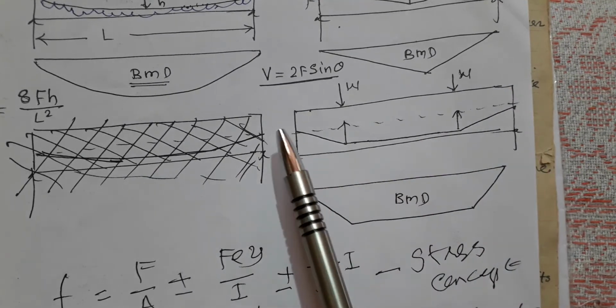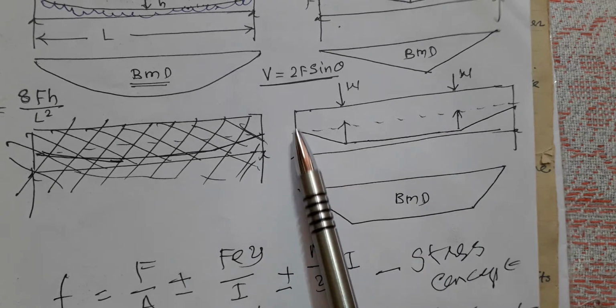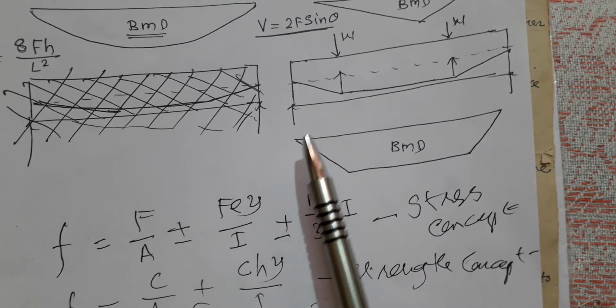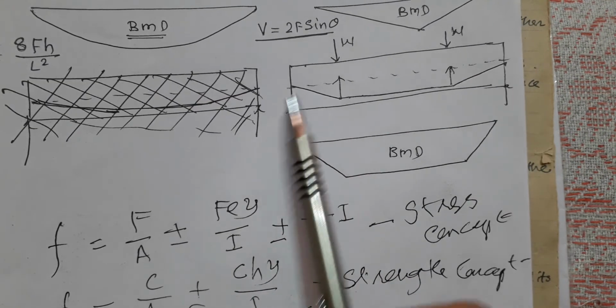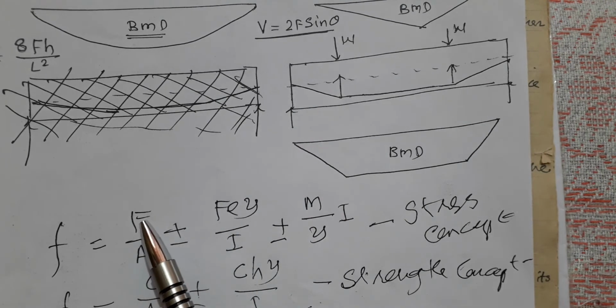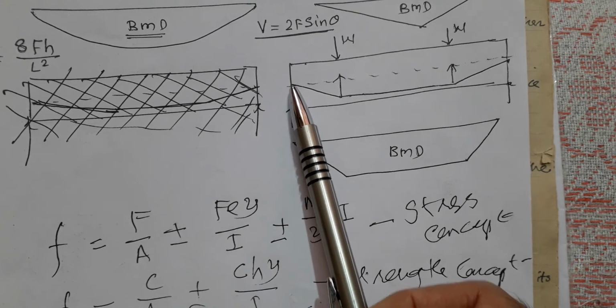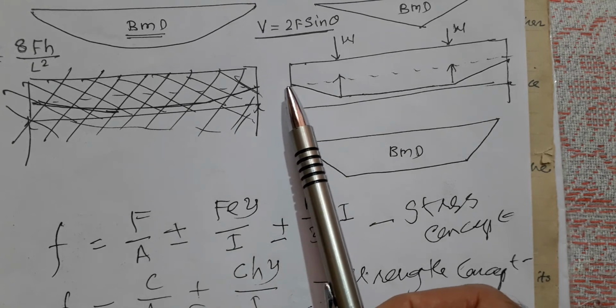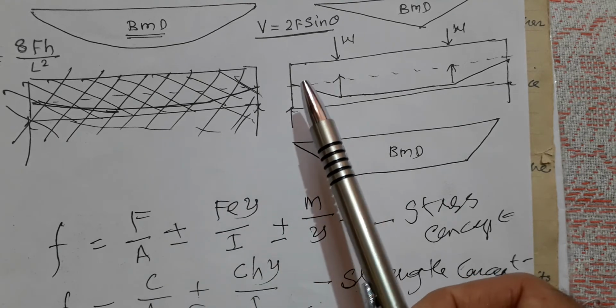After 1 year it may come down to 970 kilonewton. This 970 kilonewton I will call the effective pre-stress, and the initial pre-stress is 1000 kilonewton. So there is a certain loss of pre-stress.